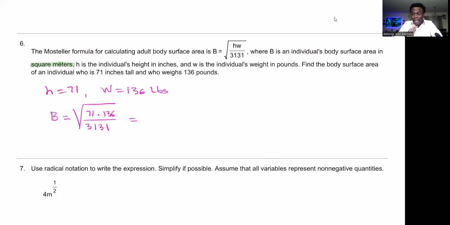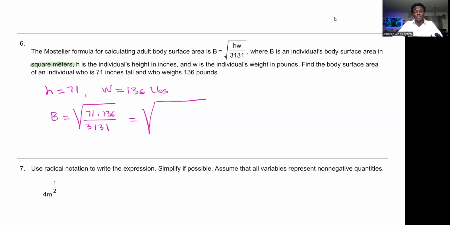Do not round before you get your final answer. So let's start. 71 times 136 equals 9,656.